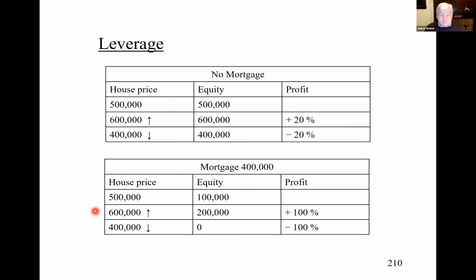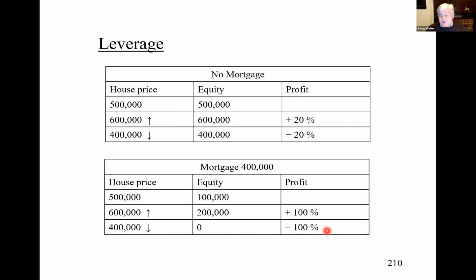But it's risky. It can get turned against you. If the house price falls later on to 400,000, then the house buyer still has a mortgage of 400,000, which means the equity has fallen to zero. Basically, the house is now owned by the bank, and the investment of the house buyer has been wiped out.